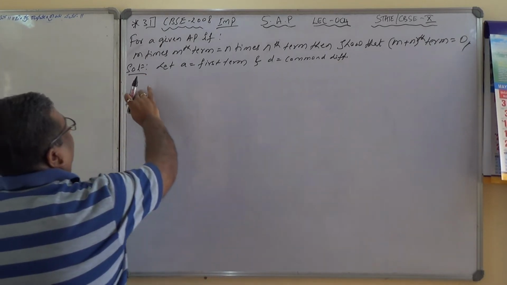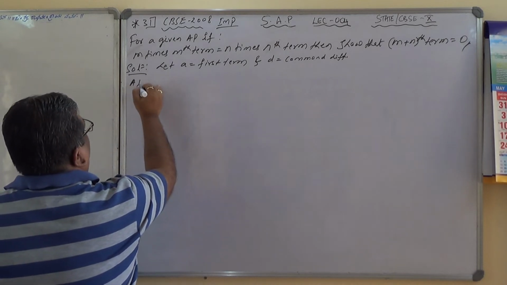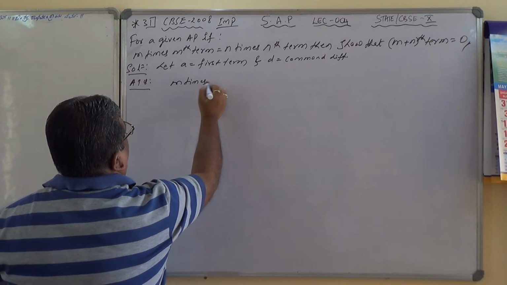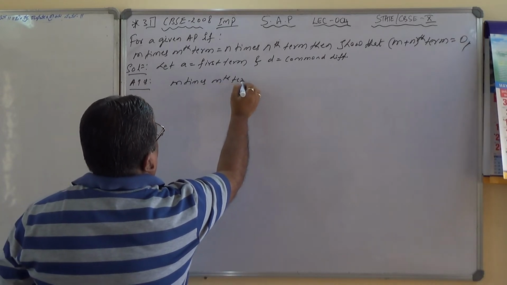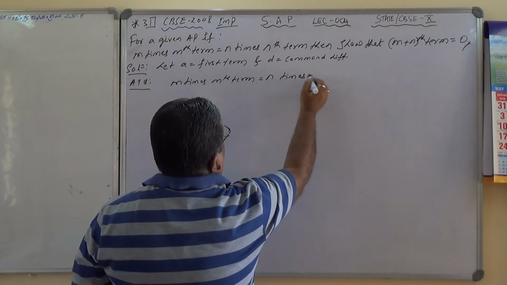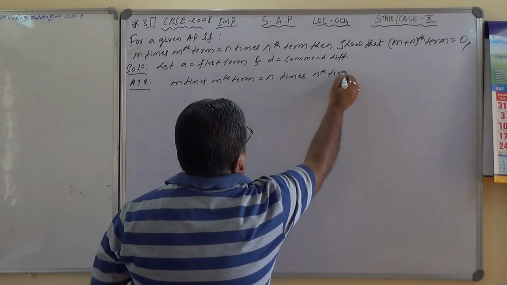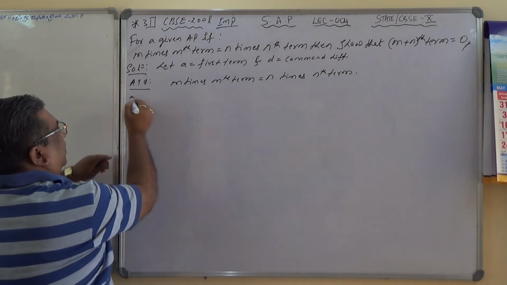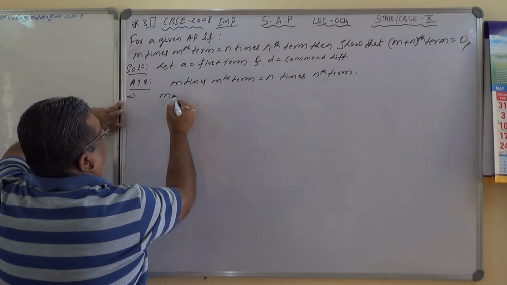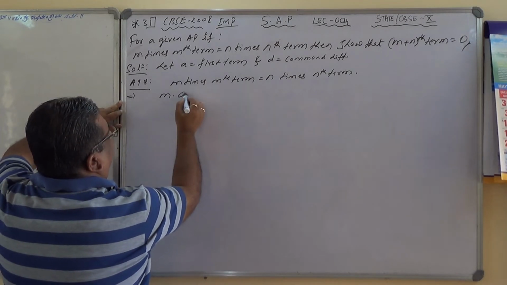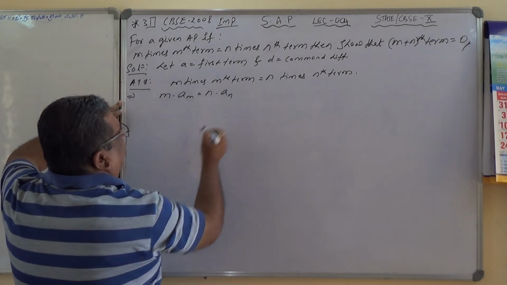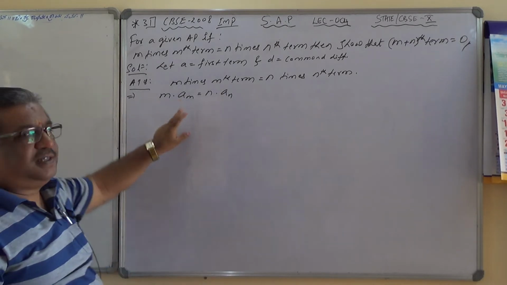So according to the given question, m times the mth term equals n times the nth term. See here, m times the mth term, m into am equals n into an. That's all. This is the major step.